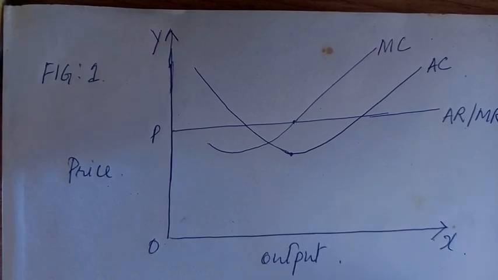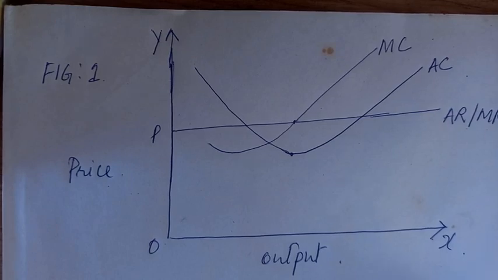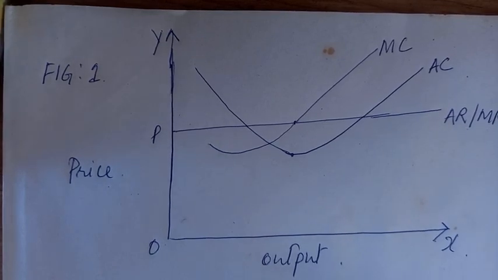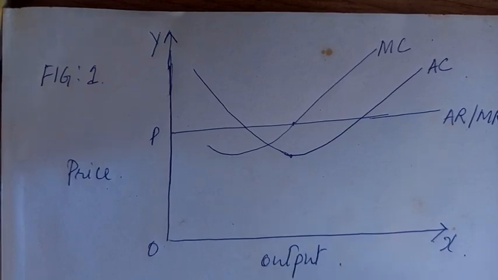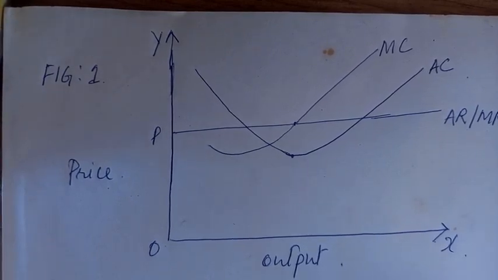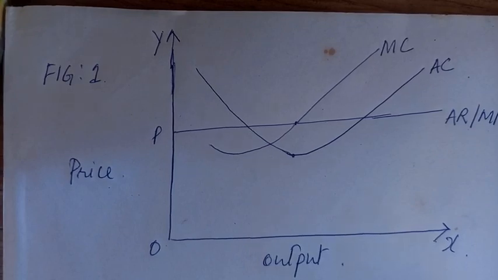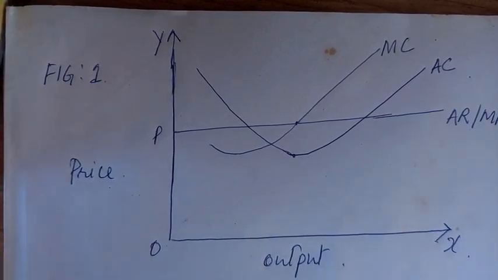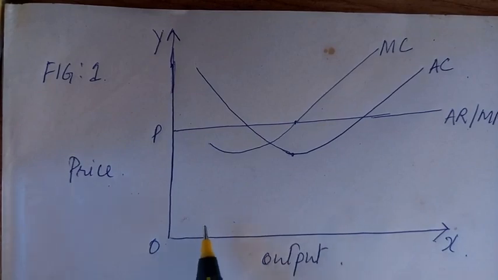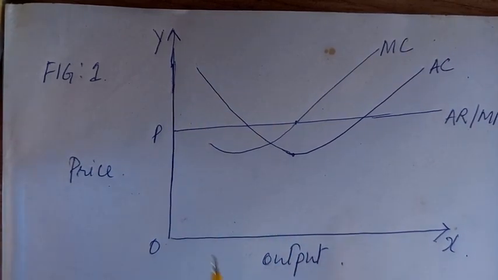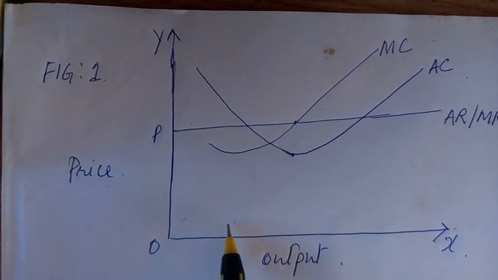One of the conditions is that MC should equal MR. The second condition is that MC must cut MR from below. And further, this approach says that for a firm to be in equilibrium, it should also be able to maximize its profit.